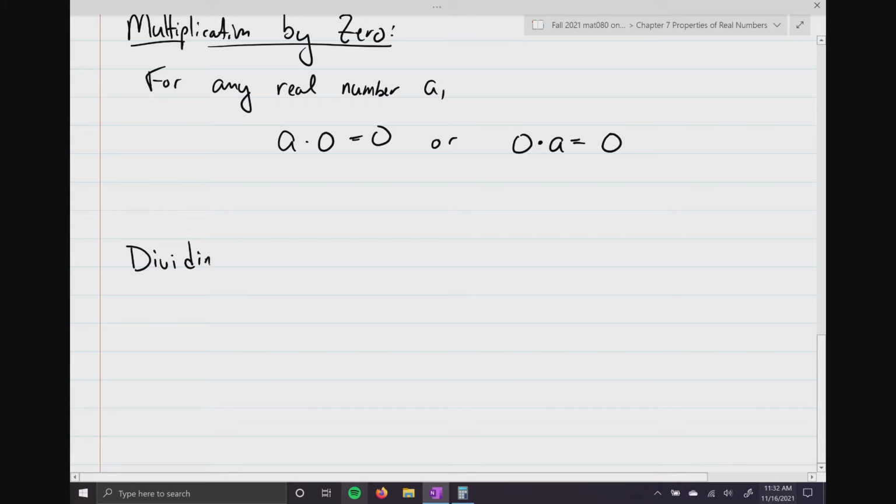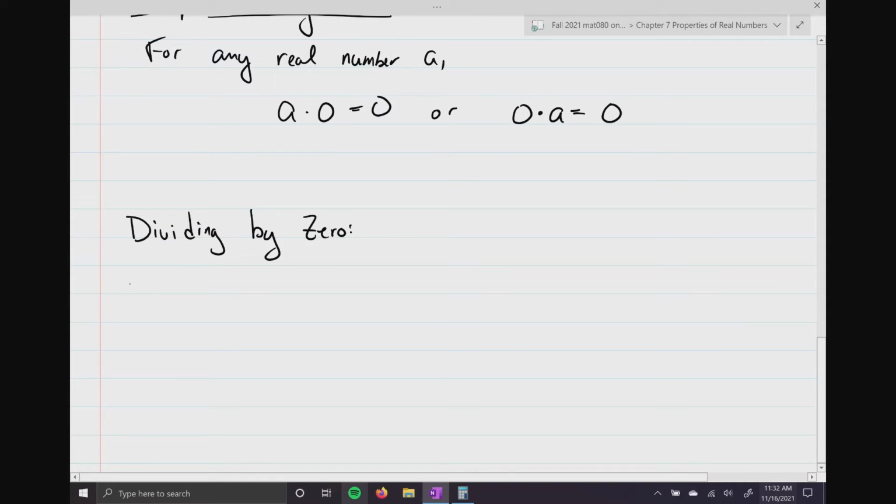Dividing by 0. So for any real number, a divided by 0 is undefined.